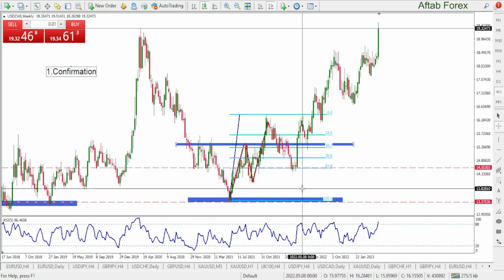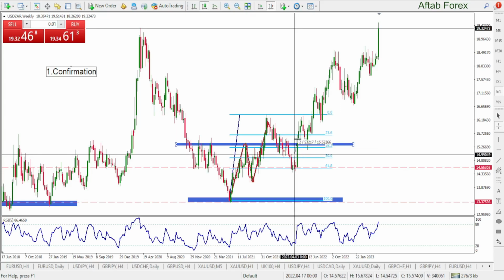Here we have got a nice confirmation right here. See, price coming down nicely, and suddenly tried to stop and boom. We got this close and the market continues straight up.